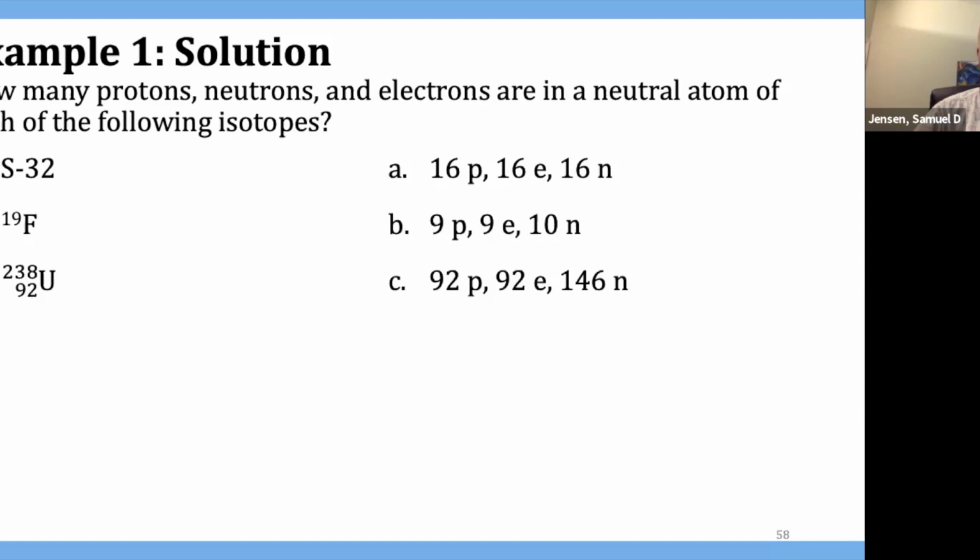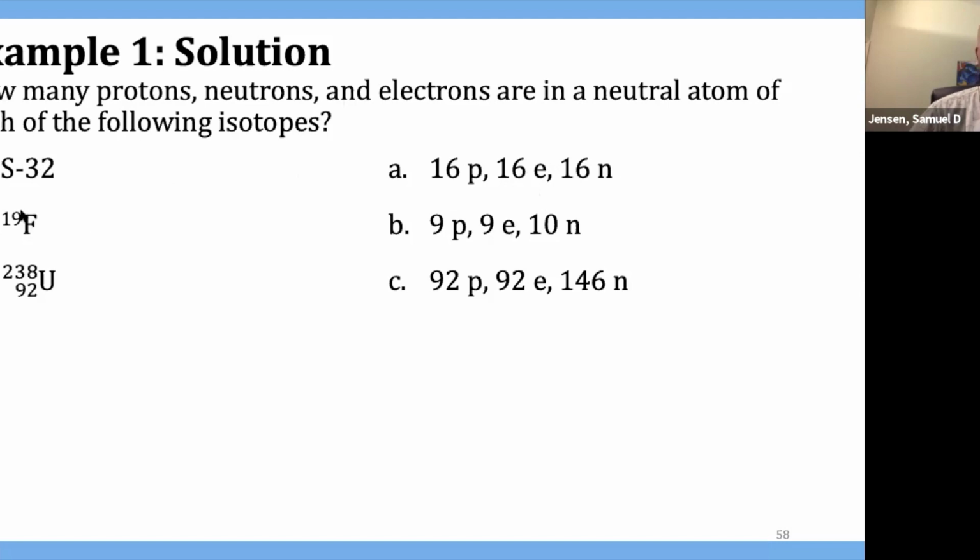Now, how we find the neutrons is by subtracting from the mass number. If the mass number is protons and neutrons, and we subtract out the number of protons, we will be left with the number of neutrons. So 32 is the total mass minus the 16 protons gives me 16 neutrons.